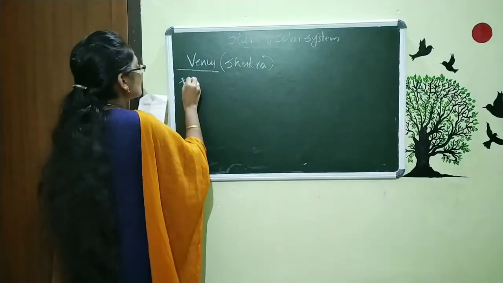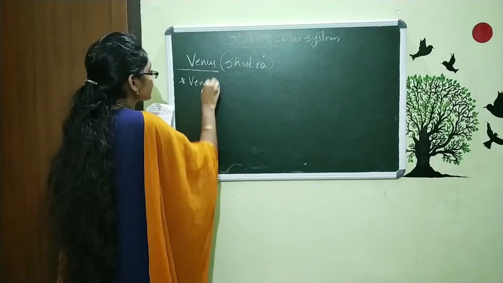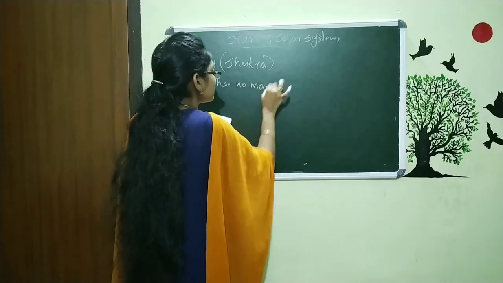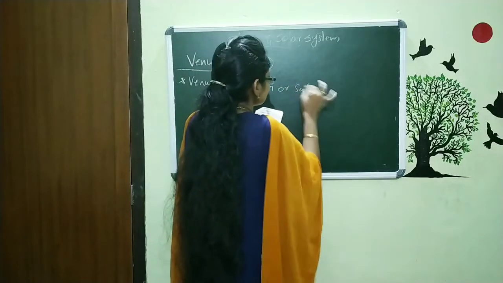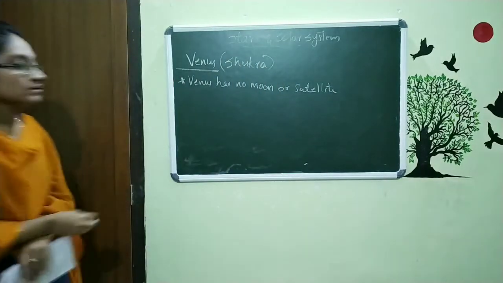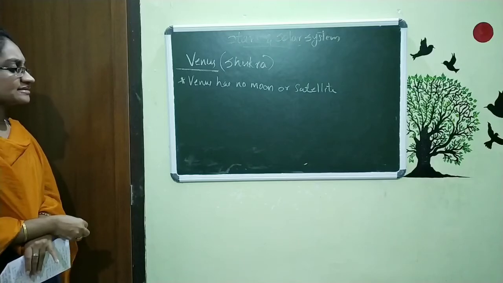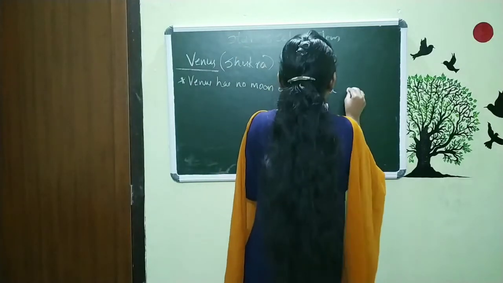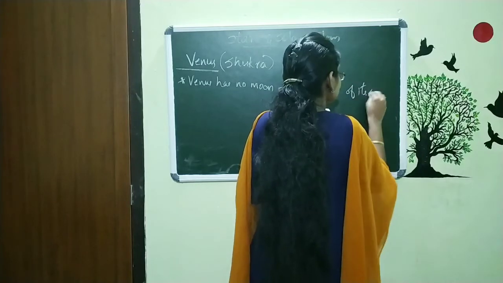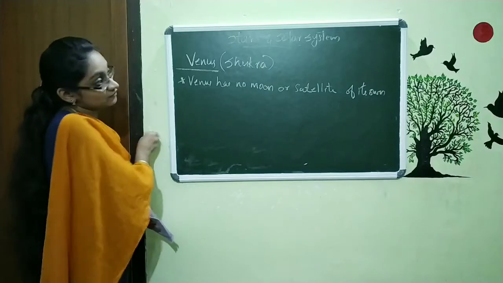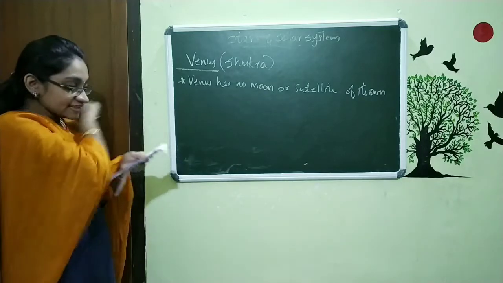So we can say Venus has no moon or satellite of its own. There may be artificial satellites. So Venus has no moon or satellite of its own.